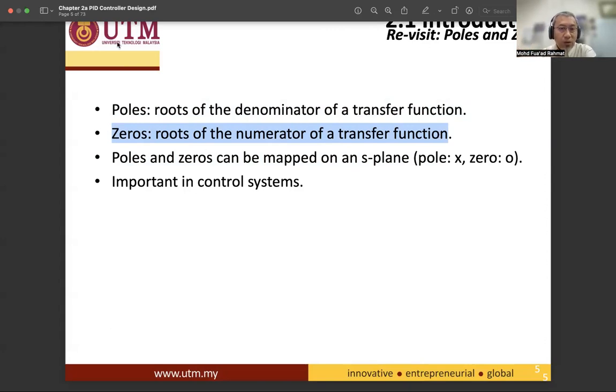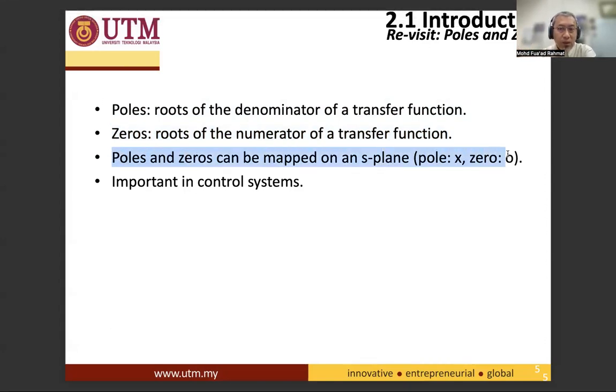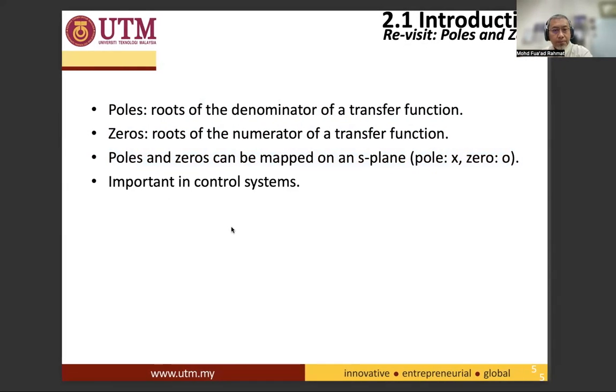Poles and zeros can be mapped using the S-plane. Poles are usually labeled as X or cross, and zeros as O. This is important in control system analysis.